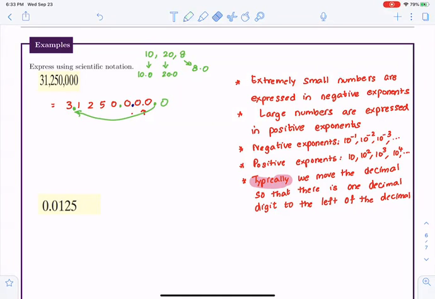So the way we write it is to have it as 3.125, and we want to see the number of places that we had to move the decimal to get to 3.125.